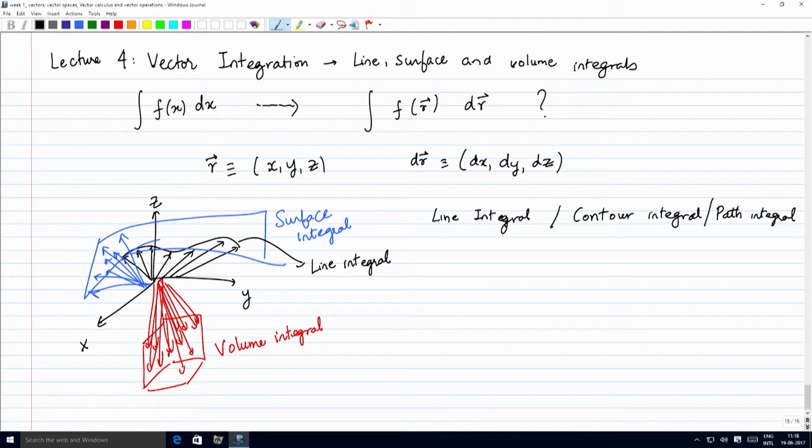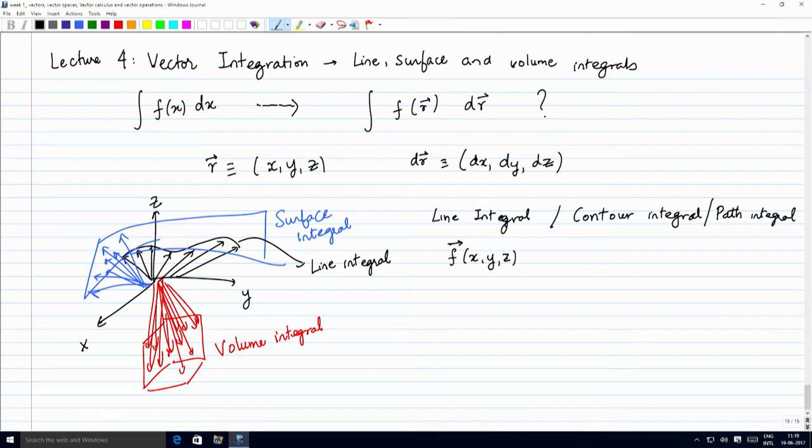Here what we have is some function of x, y, z, and for convenience let us take this as a vector field. Then you want to integrate it over a path.